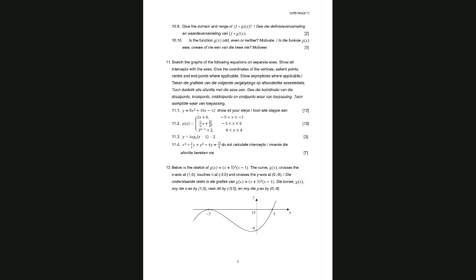It says that below is a sketch of g of x equals x plus 3 all squared times x minus 1. The curve g of x crosses the x-axis at (1, 0) and touches it at (minus 3, 0) and crosses the y-axis at (0, minus 9).